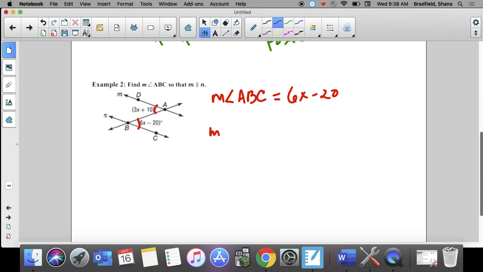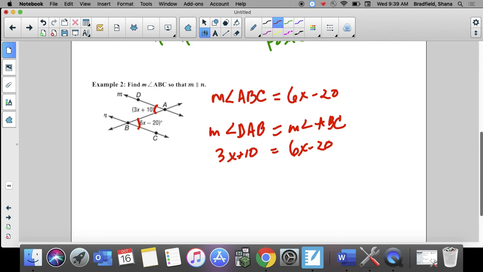So that means that the measure of angle DAB would have to be equal to the measure of angle ABC in order for our lines to be parallel. DAB is 3x plus 10, and ABC is 6x minus 20.